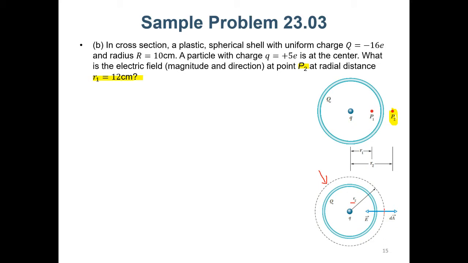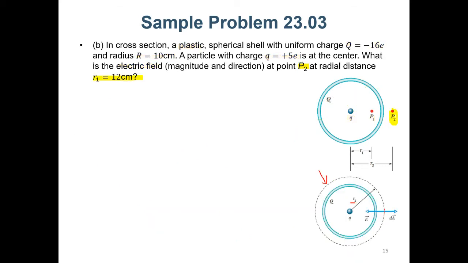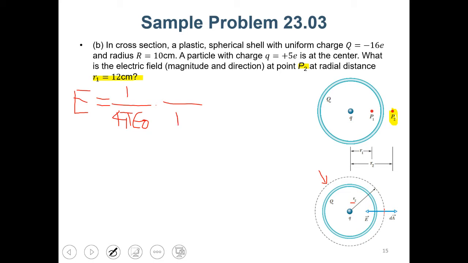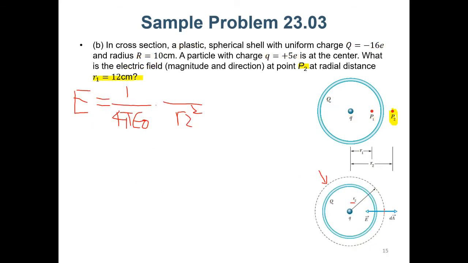Similarly, we can write the same procedure, and finally E would be something like this, over R2 square, and the Q in this part will be the Q enclosed by the Gaussian surface.